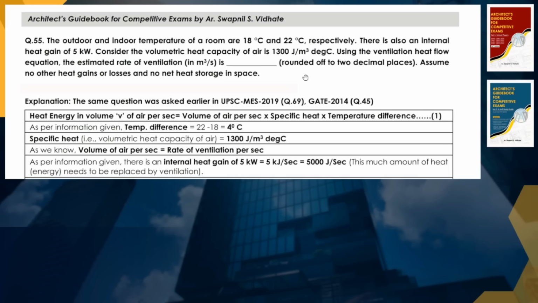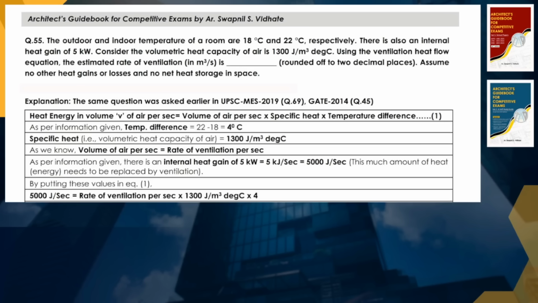So 5 kilowatt will be equal to 5 kilojoule per second. We will convert this kilojoule into joules, so we will multiply by 1000, it will be 5000 joule per second, right? So this much amount of heat energy needs to be removed by the ventilation.